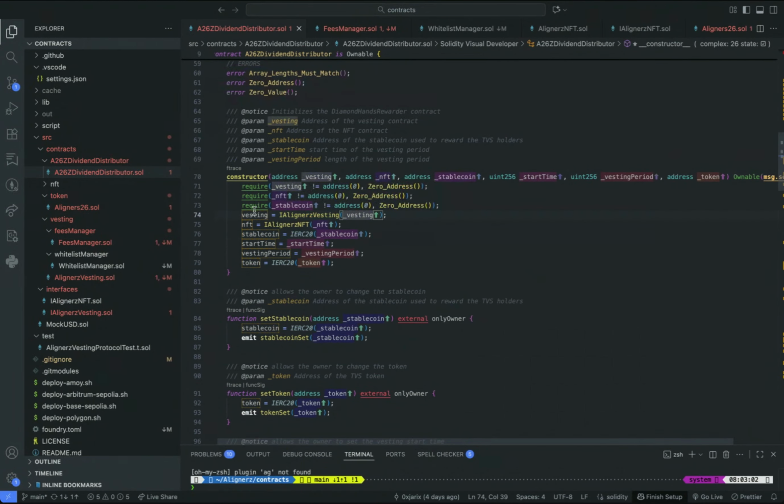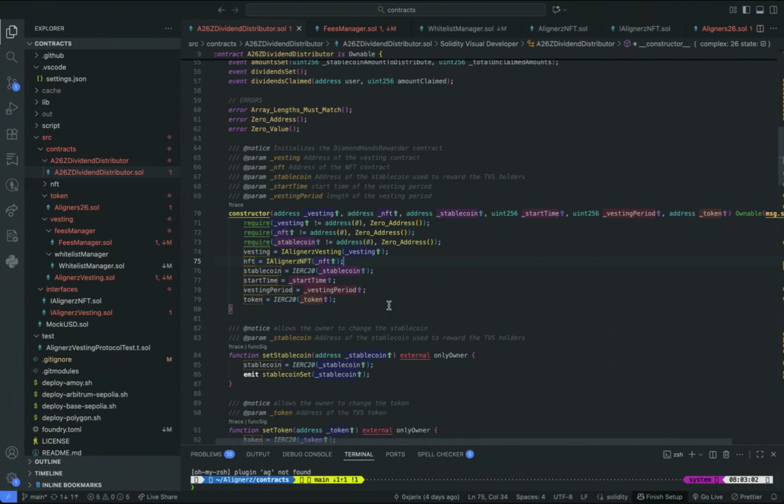So we need the interface of the vesting because we will retrieve some data to know who owns a token, who owns a TVS, and who deserves an allocation in stablecoin, like a dividend.